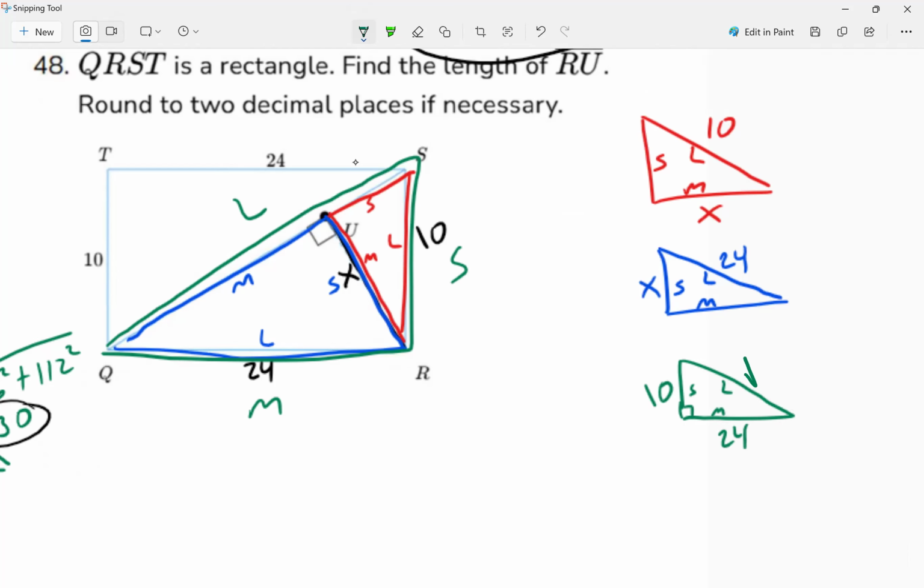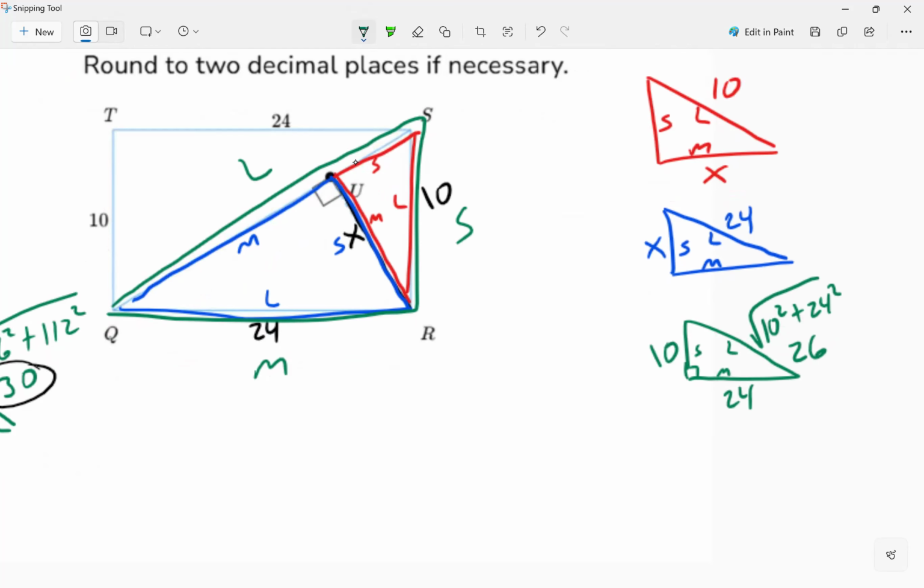This is actually the square root of 10 squared plus 24 squared. I type that in my calculator and I get 26. Okay, nice, no decimals, easy to deal with. So I know the three sides of my green triangle, 10, 24, and 26.